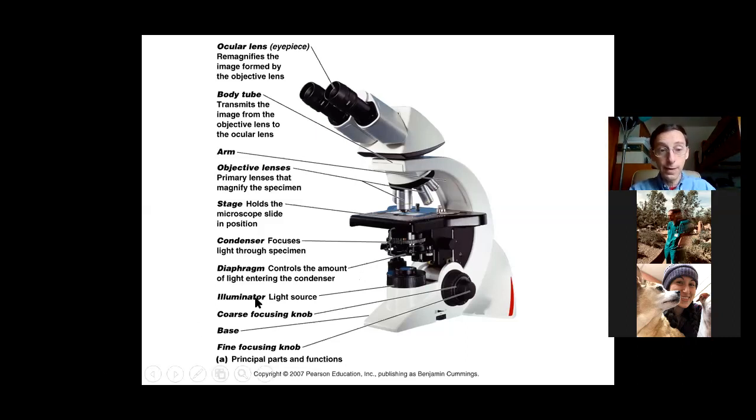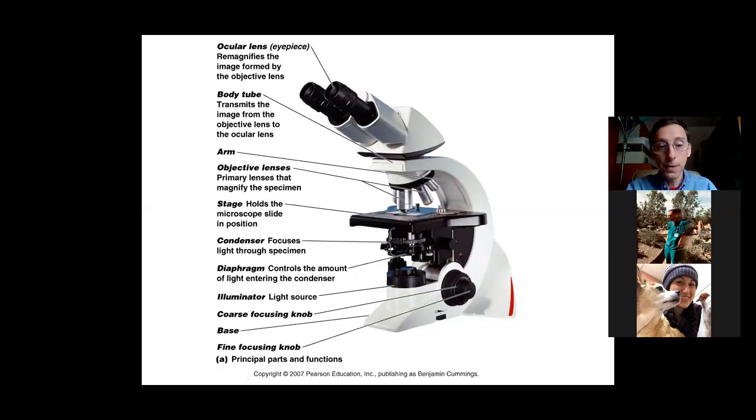It opens and closes. So you can open it so it has a real wide cone of light coming to the specimen, or you can close it and it has a shutter sort of like a camera, so that there's just a pinprick of light coming up.